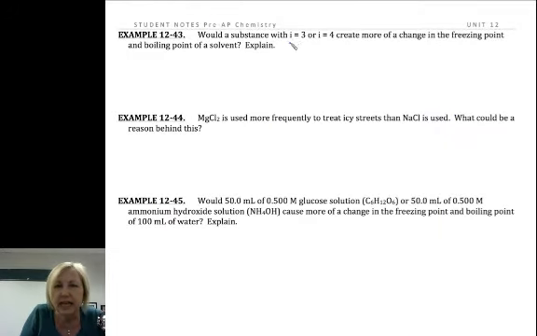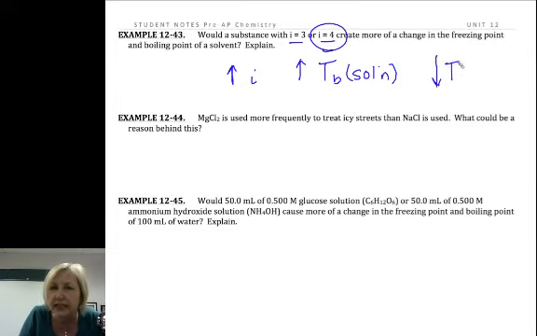So let's take a look at this. Which substance, i equals 3 or i equals 4, is going to have more change in the freezing and boiling point? And the answer is i equals 4, because as you increase i, you increase the boiling point elevation of the new solution, and you decrease the freezing point because it's more depressed. And it is magnesium chloride there.